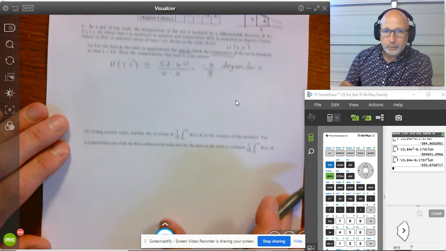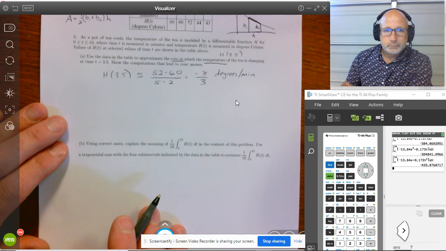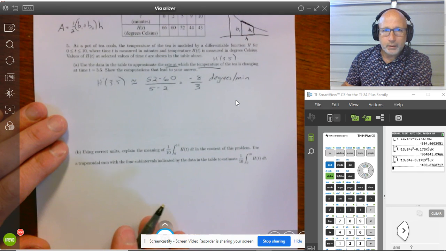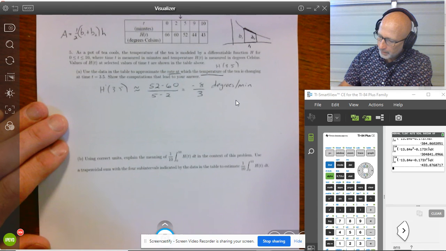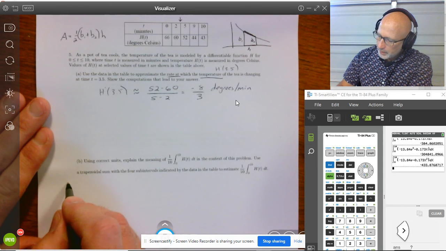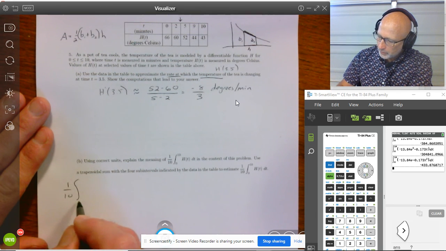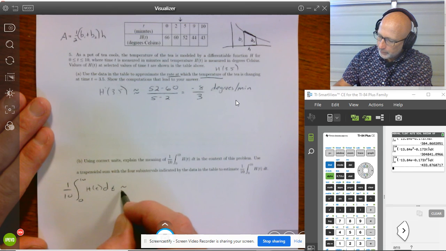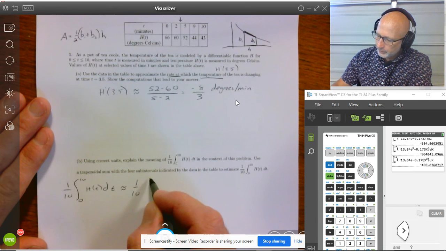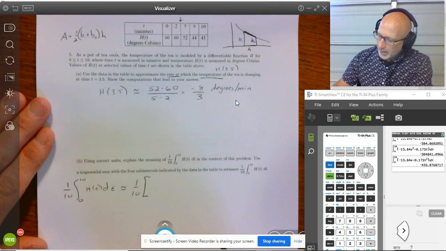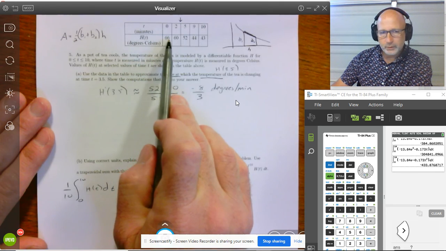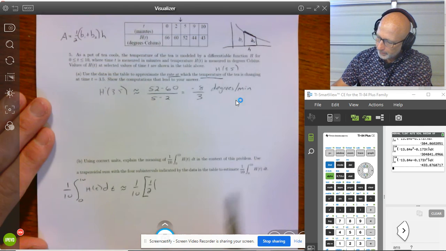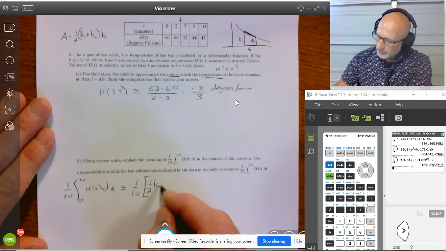I have my calculator to use here, so I'm going to use it in a second. So 1/10 the integral from 0 to 10 of h(t) dt is approximately equal to 1/10 times 1/2 times base 1 plus base 2, so 66 plus 60, times the height.